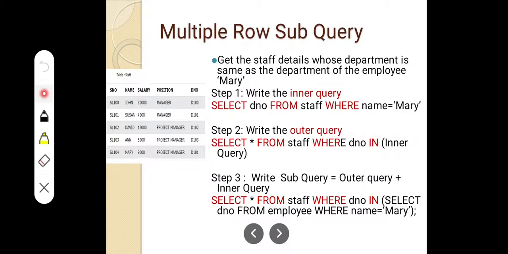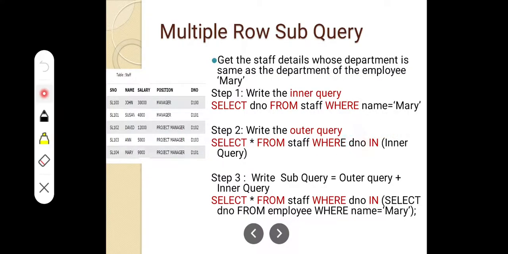Yes, we can write equal to, but we cannot predict that a single person works in only a single department. If Mary was working in D101 and also in D102, in that case we would have multiple values, so we cannot predict that. In the previous case, the maximum or minimum value can have only a single value, but here we cannot predict that.